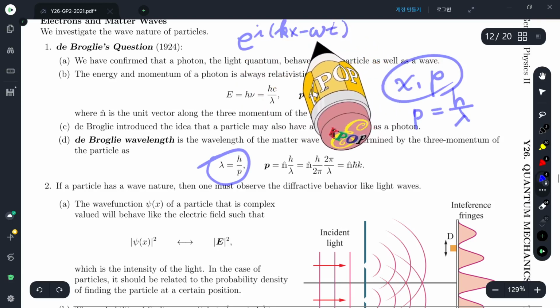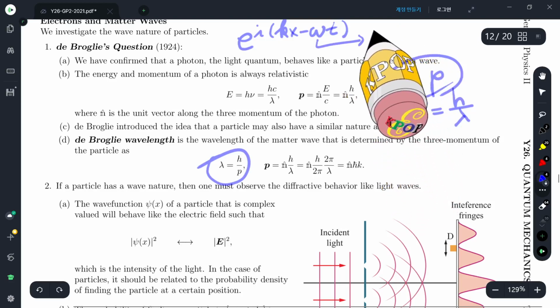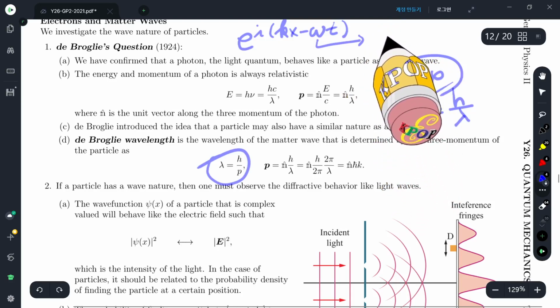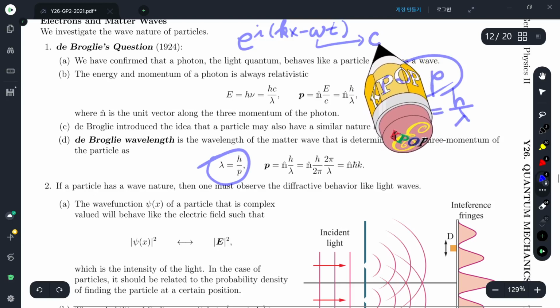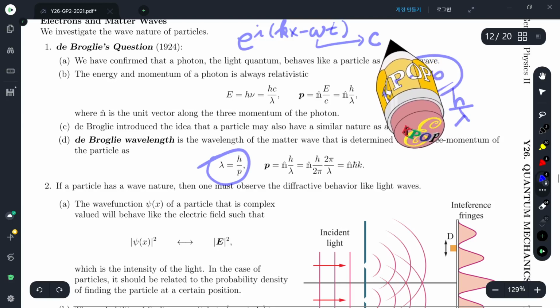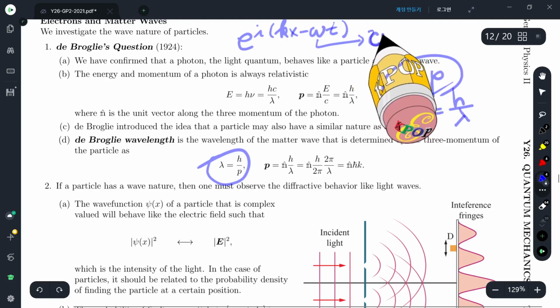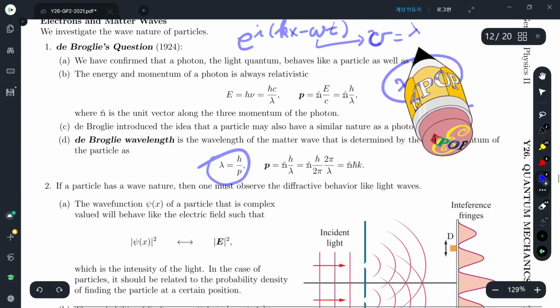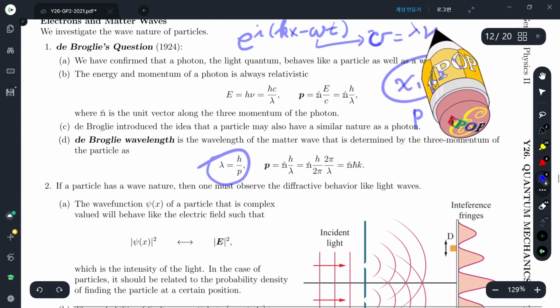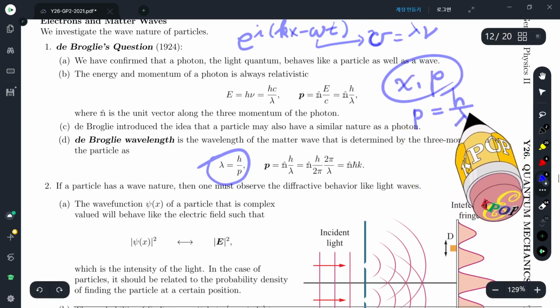And frequency, it's better to write down the speed v, wavelength multiplied by frequency. So wavelength is in here.